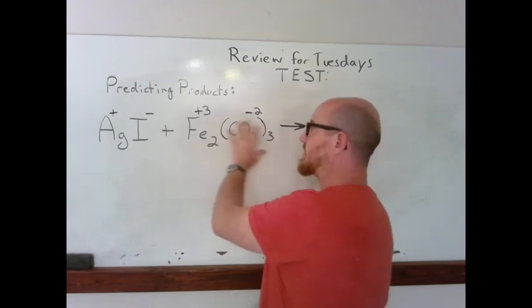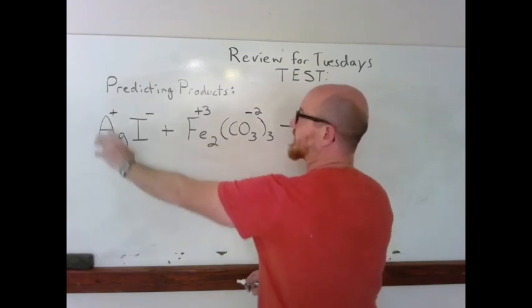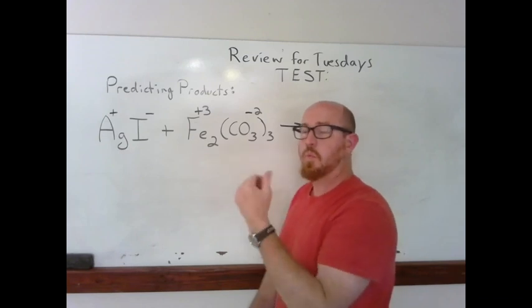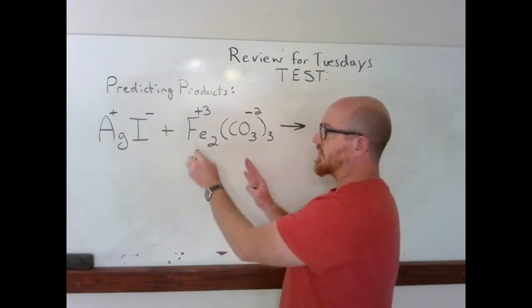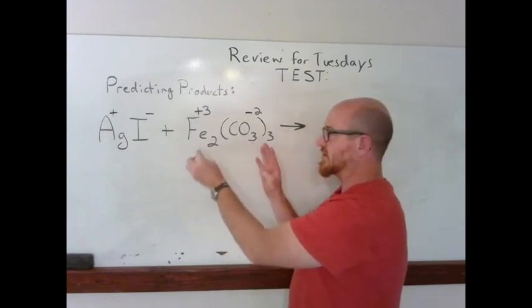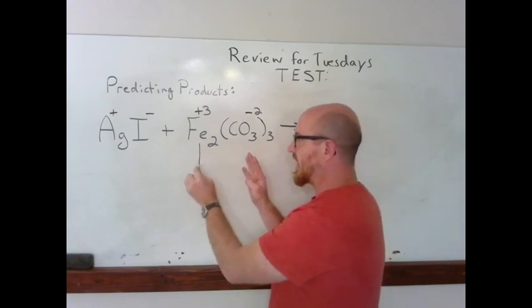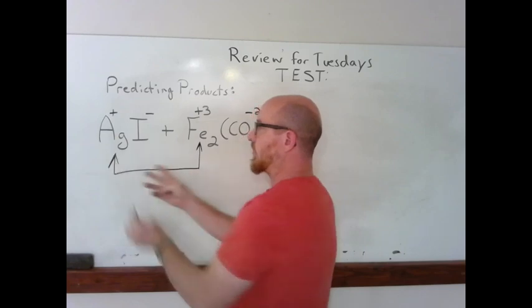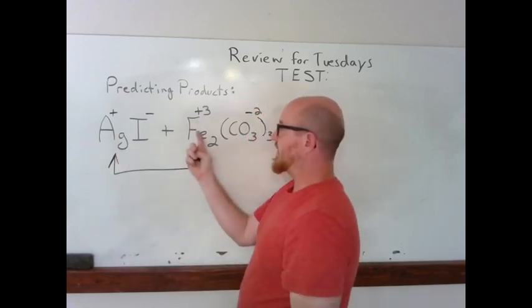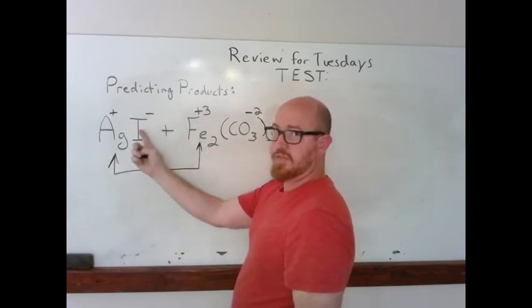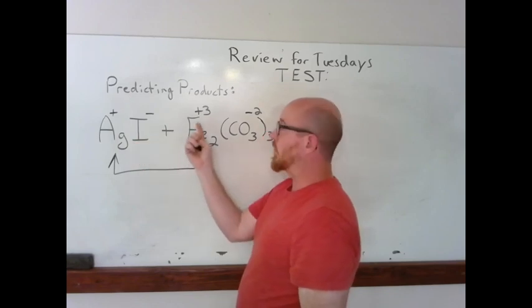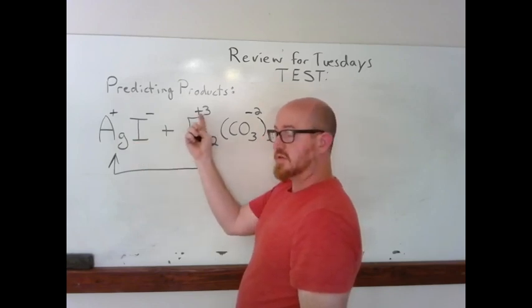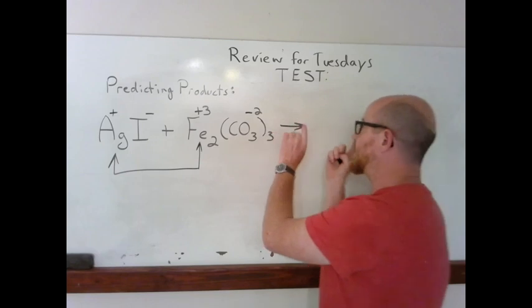So we've got iron(III) carbonate added to silver iodide. What is that going to make? Well, I already said it's a double replacement reaction, so you need to know that the iron is going to switch places with the silver, which means iron is now going to bond with iodine. Iron will keep its charge, so let's go ahead and write it down over here.